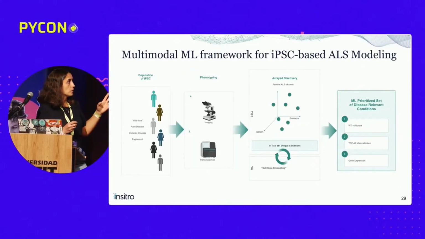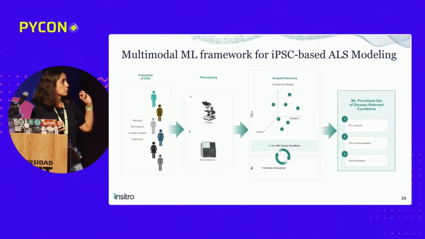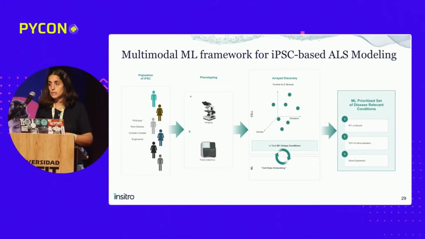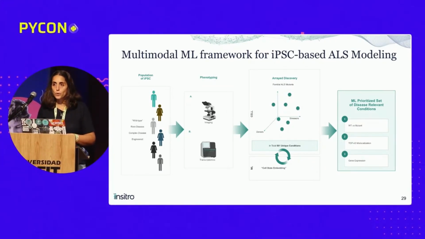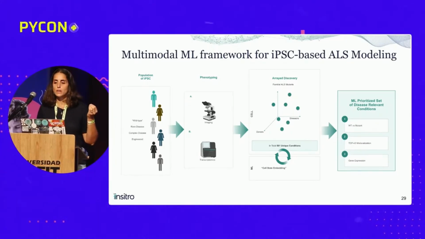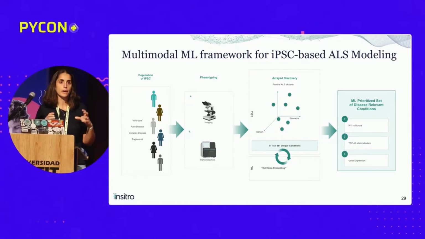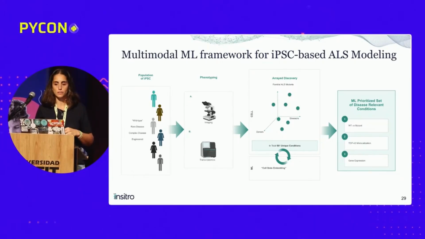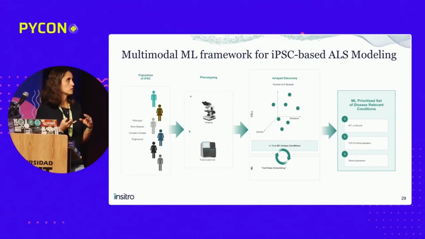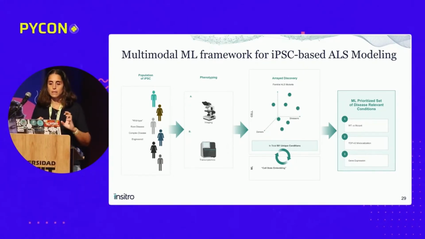Then, after we have our cell models, we have the machine learning stack that we want to work with. We designed 3 tasks to test if the models and the corresponding embeddings are actually capturing ALS-relevant biological information. We trained models to predict the disease state.